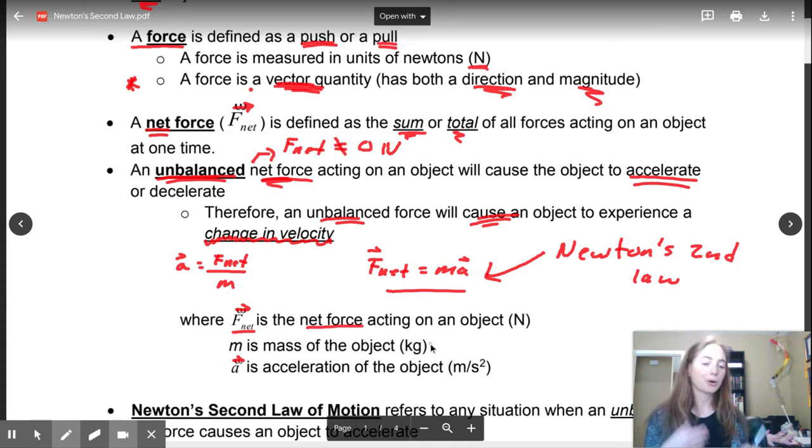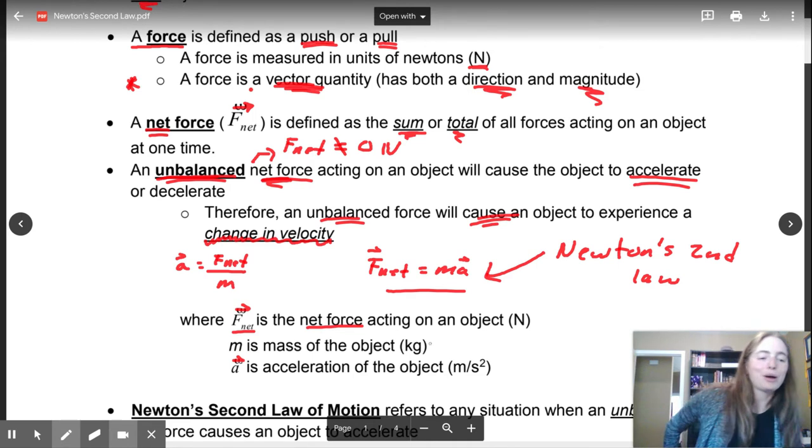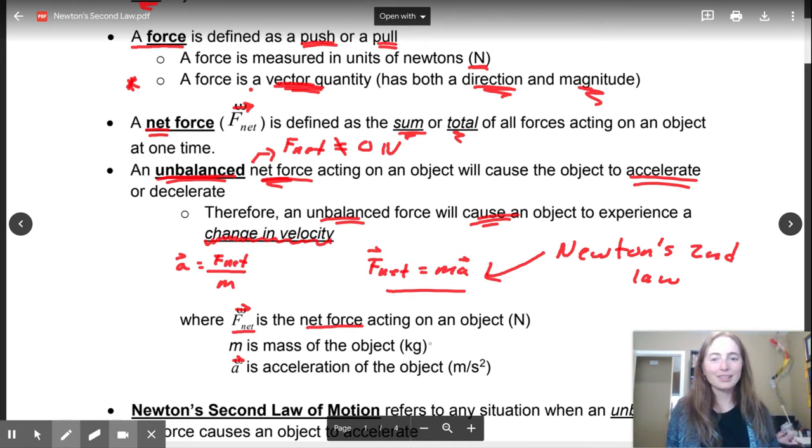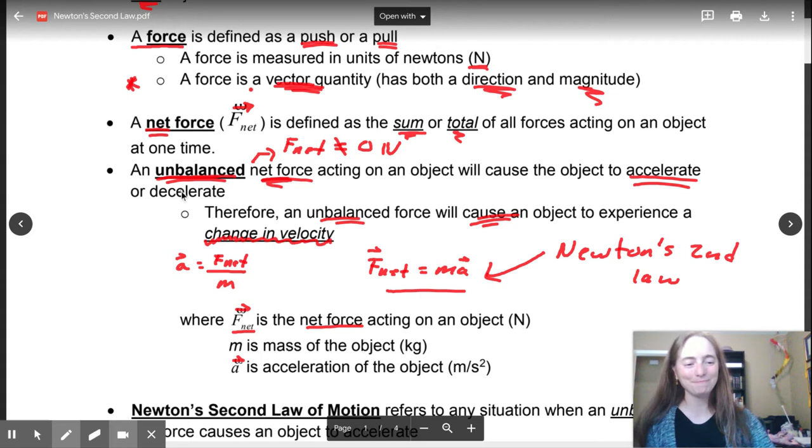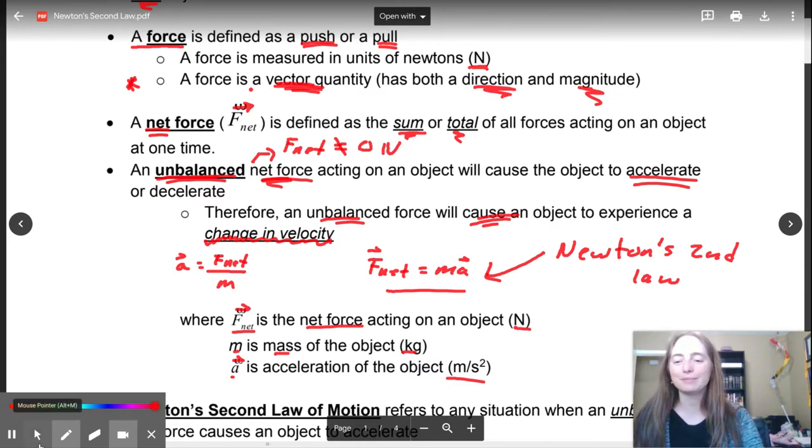We're going to be talking more and more about net forces two videos from now, where we start doing our force diagrams and that type of thing. M is the mass of the object in kilograms, force is in newtons, and acceleration is in meters per second squared, as always. Cool beans?